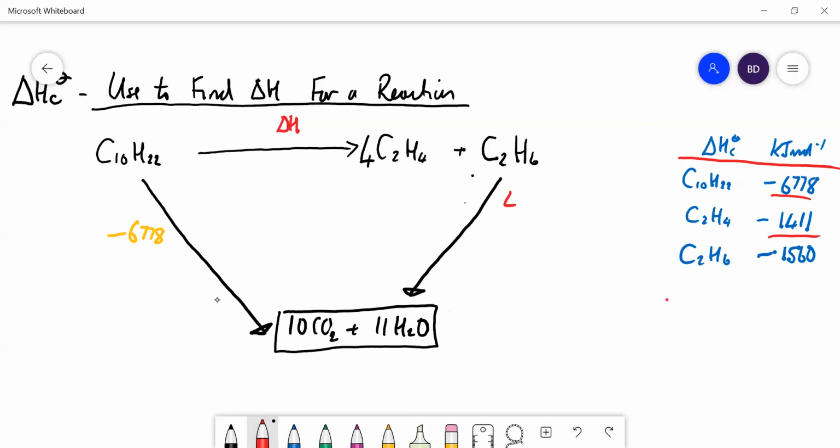So I've got to put 4 times minus 1411. Don't forget the minus sign tells us exothermic. And we're also burning 1 ethane as well, aren't we? And that's 1560. So minus 1560.